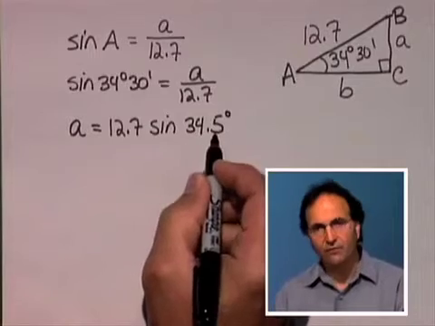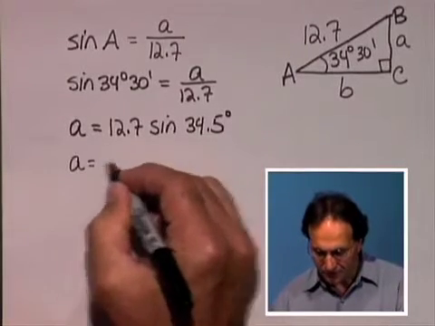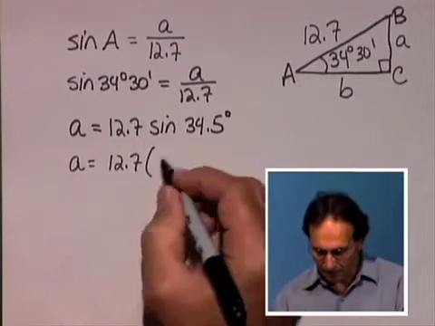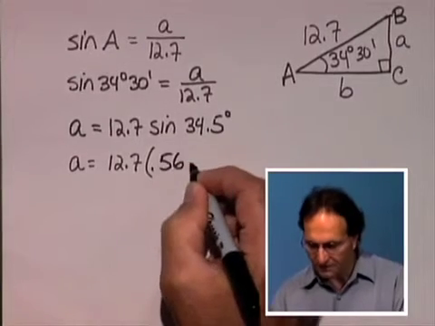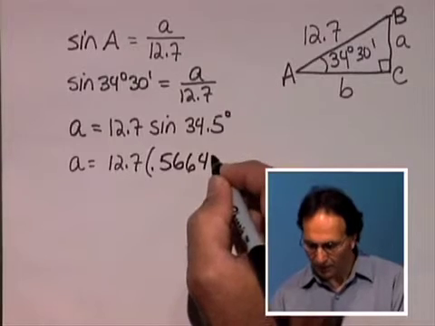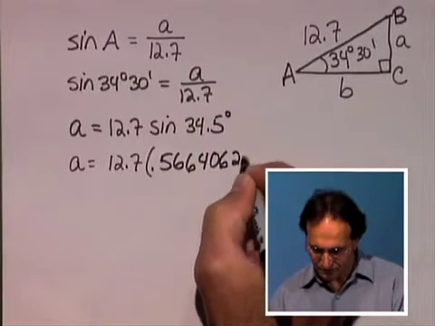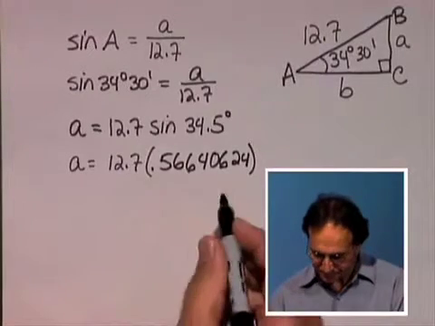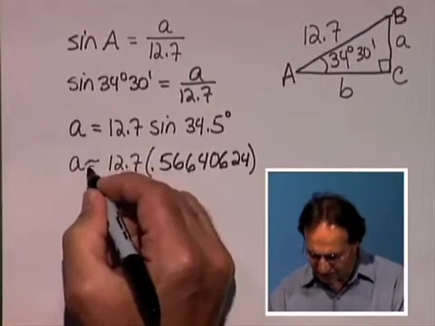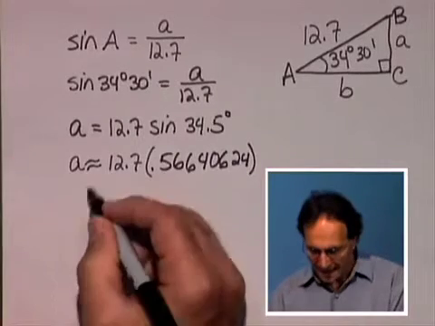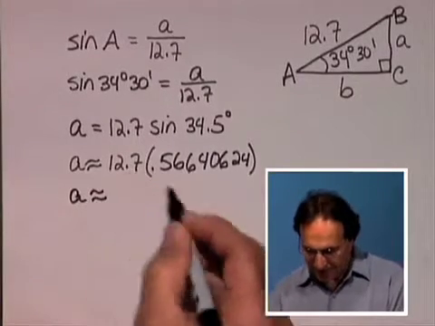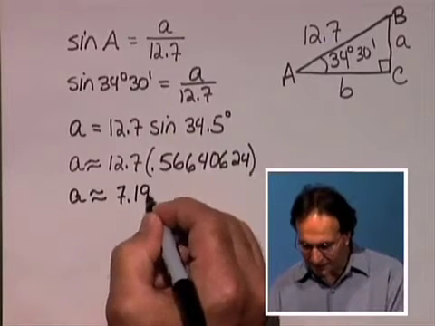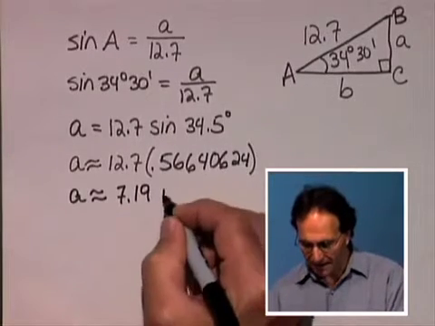Entering sine 34.5 degrees into the calculator gives us the result of 0.564640624. And that's an approximation, so let me use the approximate symbol. And using the calculator to multiply those two, we come up with an approximate answer of 7.19, and that would be inches.